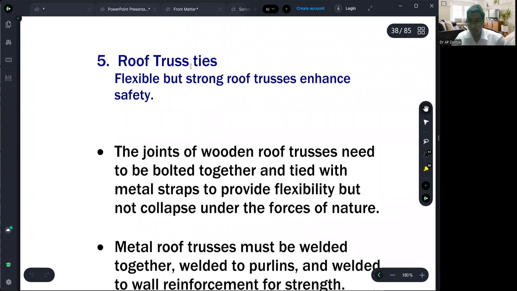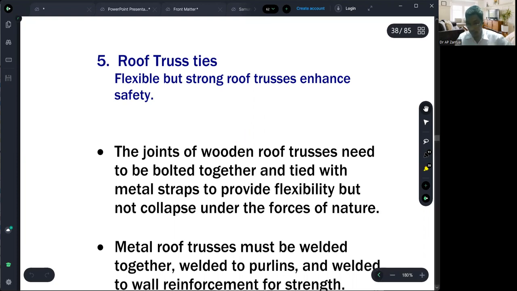But if the roof truss is made of concrete, continue the reinforcement. Continuous reinforcement from column, from beam, there is a connection.